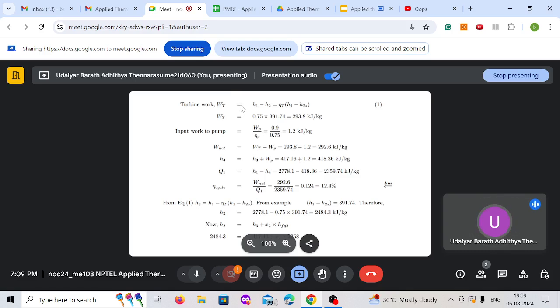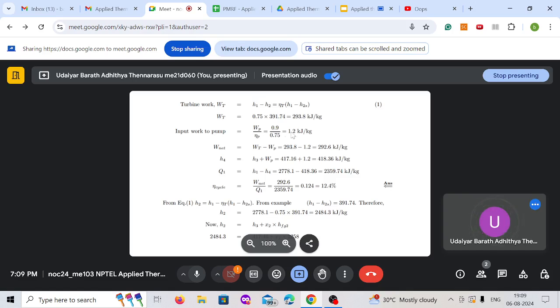For the turbine, efficiency is the actual by the reversible ideal, and for a pump or compressor it's the reverse, the ideal by actual. Ideally a compressor would take less work, but because of entropy generation, in practice you put in more work.